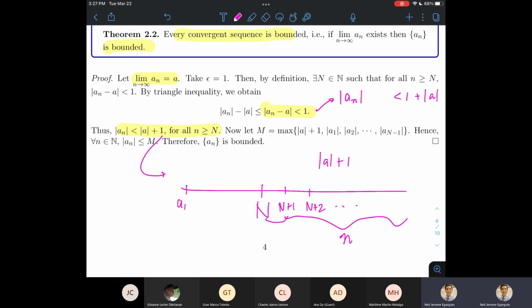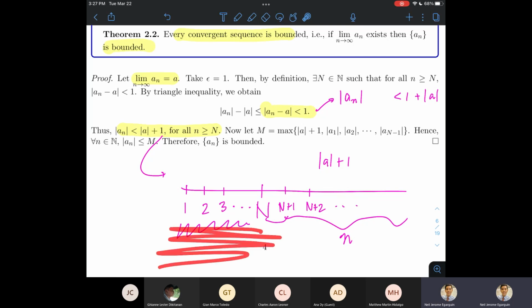So here, nandito yung subscript 1, subscript 2, subscript 3, and so on. So we're not sure if the a_n's with subscripts that are smaller than big N ay bounded din. Kasi ang nakuha pa lang natin na bound ay para dun sa mga malalaki yung subscripts. Pero the nice thing is, yung mga hindi tayo sure kung bounded ay finite lamang sila.